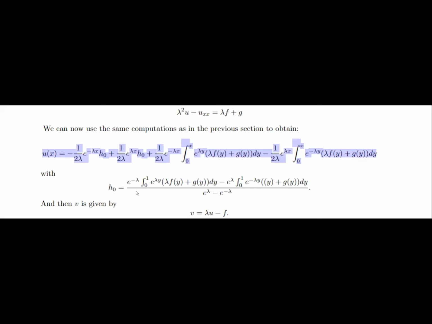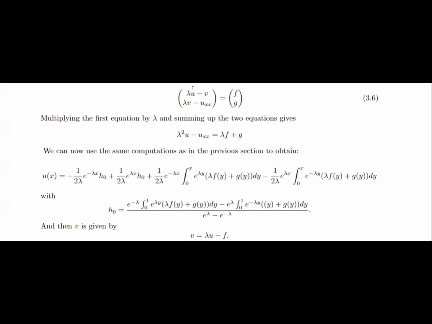Here there's an H node, which is defined as that, and then you can take your first equation here in 3.6, and this gives you V equals lambda U plus F. So what does it mean?